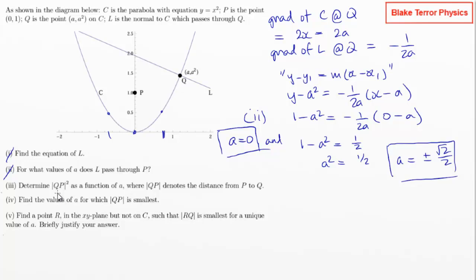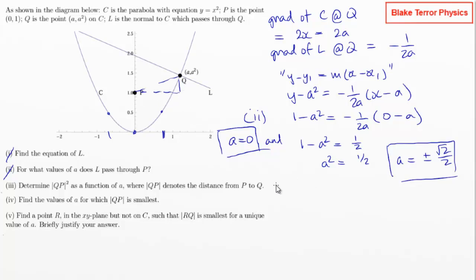Determine QP squared. So we want the square of the distance from Q to P as a function of a. Right, so we can just do this off of a triangle.